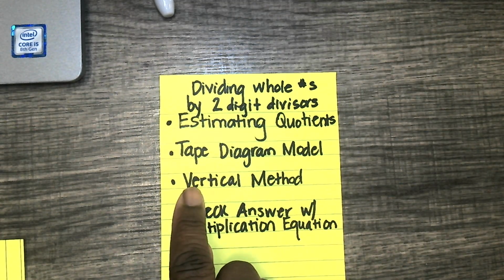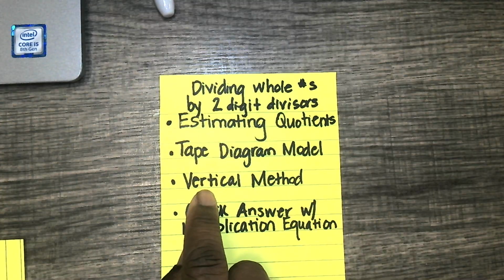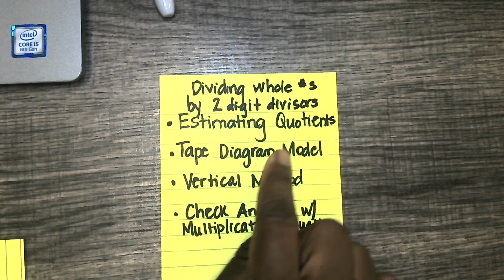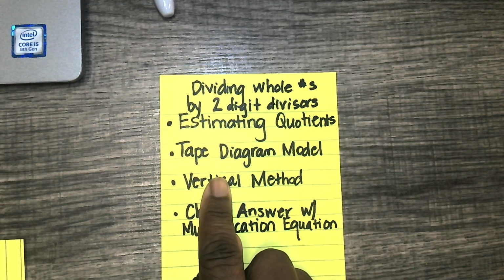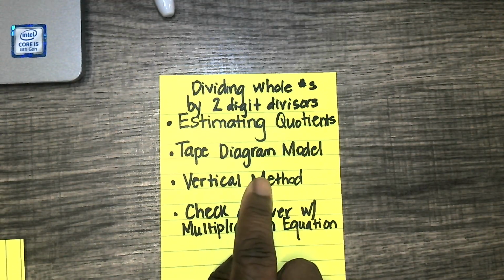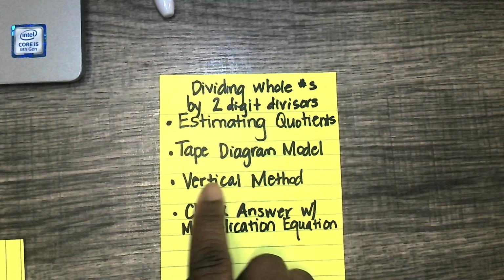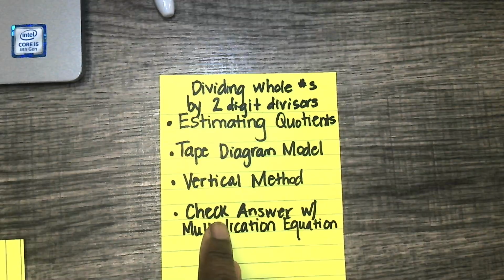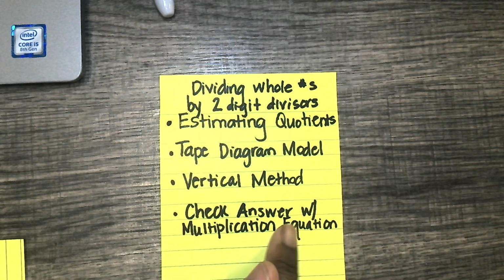And then also we moved to an abstract method by using the vertical method, and that was also demonstrated within one problem. This highly connects to the standard division algorithm that we'll be getting into. And then at the end, we learn how to check our answer with the multiplication equation.